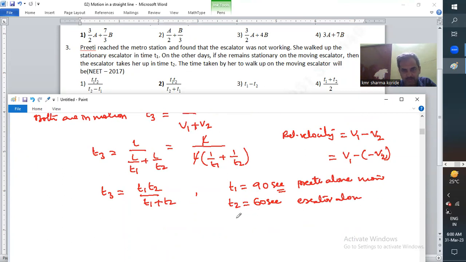So if you continue the same question, T3 is equal to, this is 90, this is 60, 90 plus 60 is 150. So therefore, you can cancel this and this. 3 2s are 6, 3 5s are 15, 5 18s are 90. So that if both are moving, Preeti can reach the top of the escalator in 36 seconds.